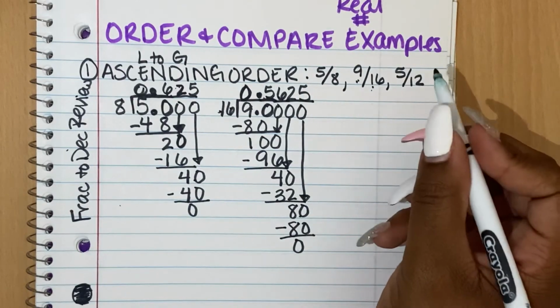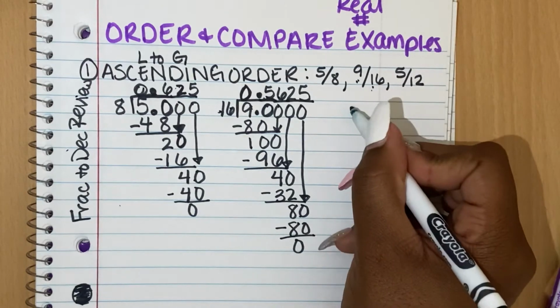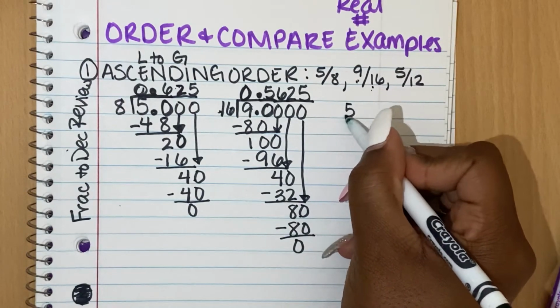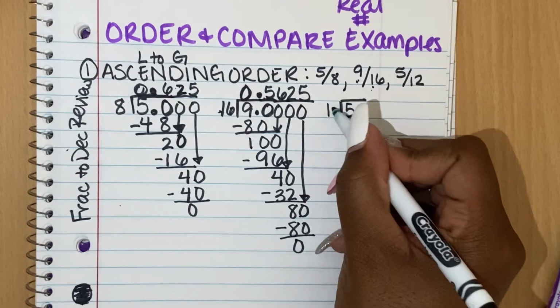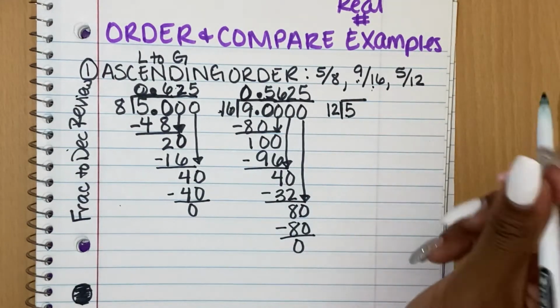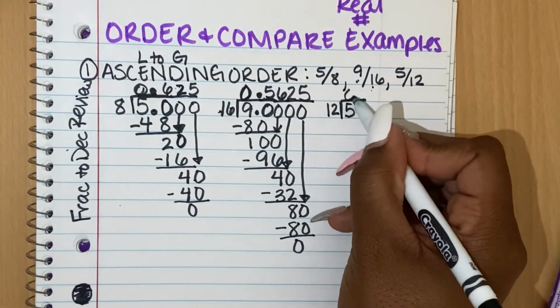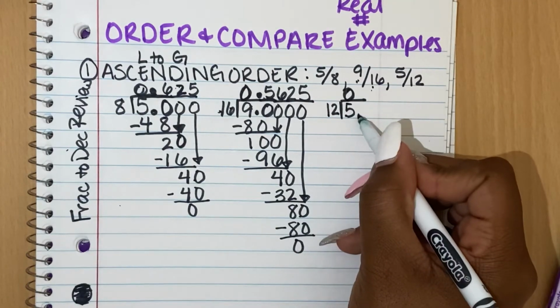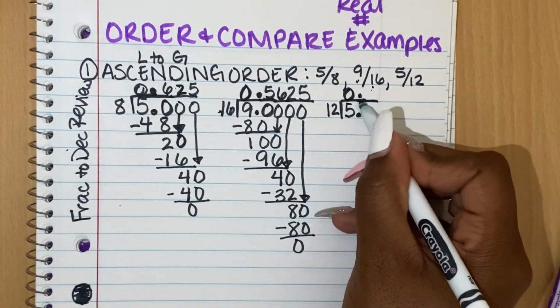Okay. Last one, let's do 5/12. Top in, bottom out, numerator in, denominator out. Okay. 12 cannot go into 5. We're going to put a 0, decimals in both spots.